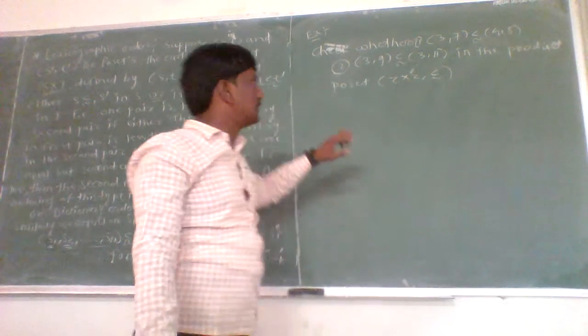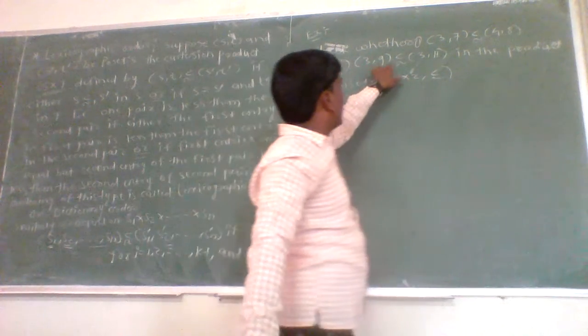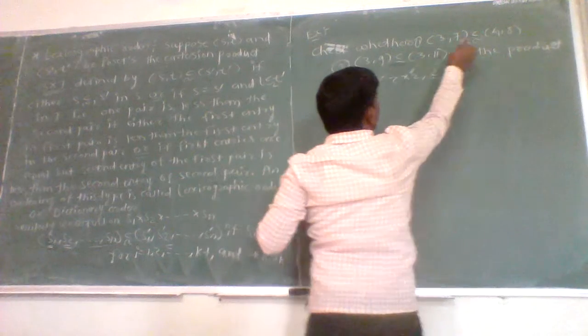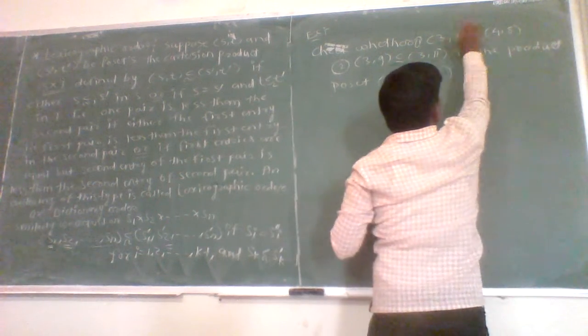Okay, now we have to check whether this ordered pair (3, 9) is less than or equal to (3, 11), and whether (3, 7) is less than or equal to (4, 8).